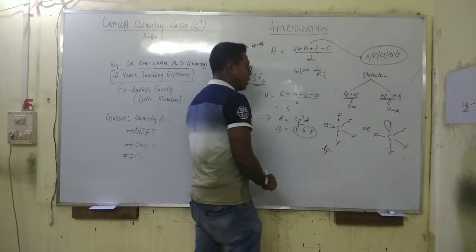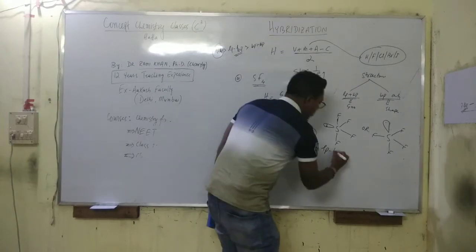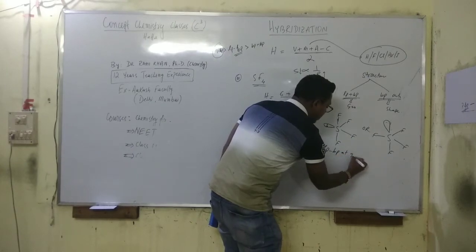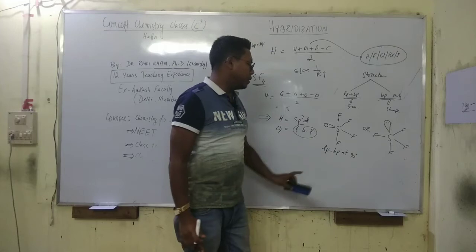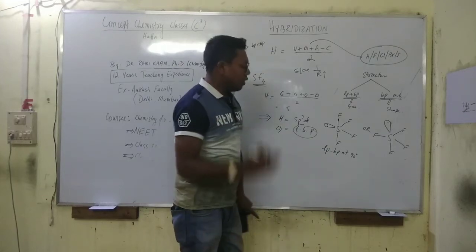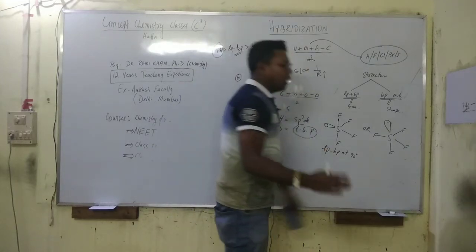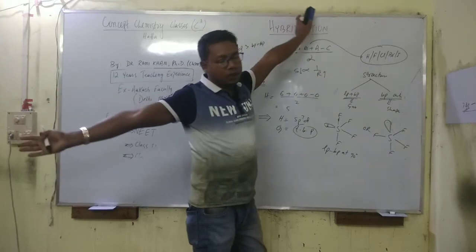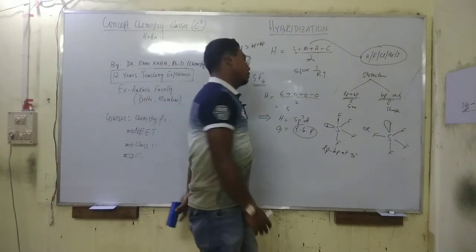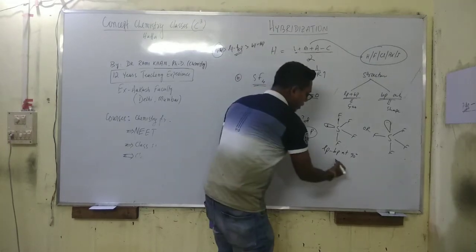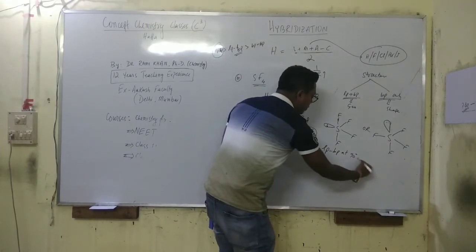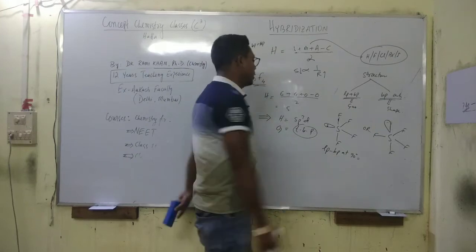So we need to check lone pair-bond pair repulsion at 90 degree. Remember, just count the number of repulsions at 90 degree or less than 90 degree, because at 120 or 180 degree the repulsion will be less, so that can be easily neglected. Now let us count the lone pair-bond pair repulsions at 90 degree.